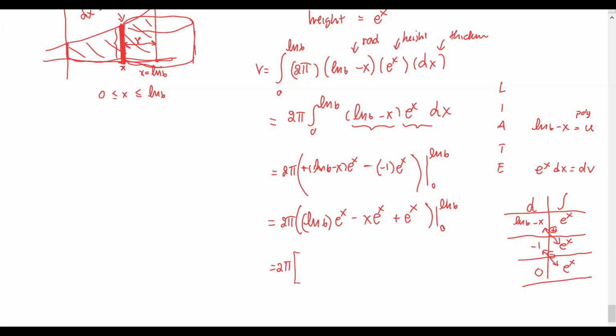Replace x with natural log 6 as the upper limit to get natural log 6 times e to the natural log 6, minus natural log 6 times e to the natural log 6, plus e to the natural log 6. Subtracted by, replace x with 0, the lower limit: natural log 6 times e to the 0, minus 0 times e to the 0, and then plus e to the 0.